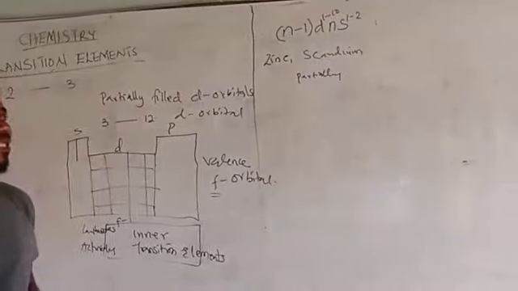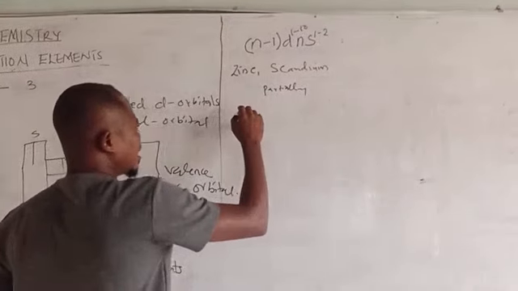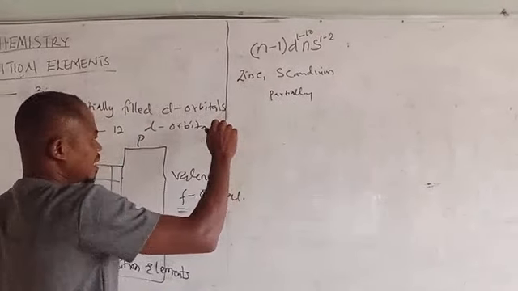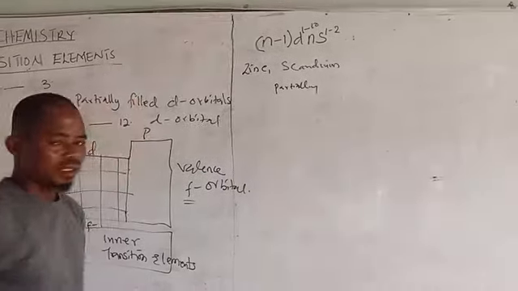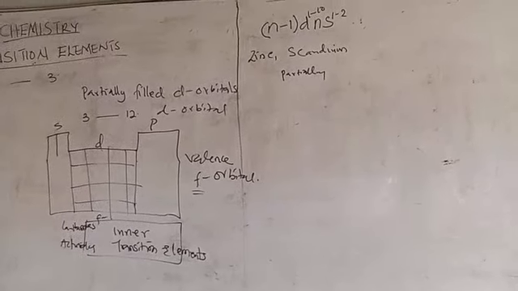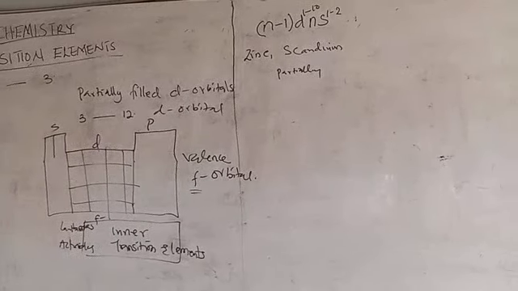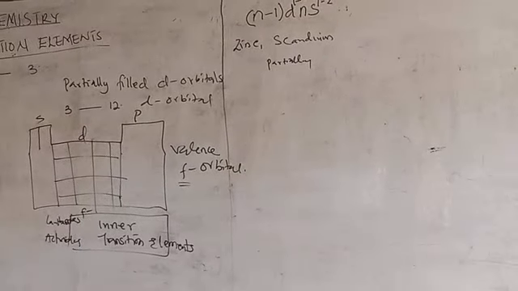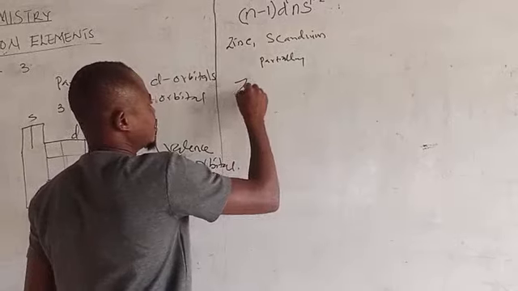The atomic number for zinc is 30. Am I correct? I think it's 32 or thereabout. Okay, I'll find out. The atomic number for zinc is 30. I'm correct. Zinc is 30. And you do the configuration for zinc.